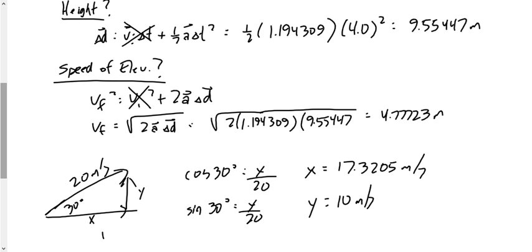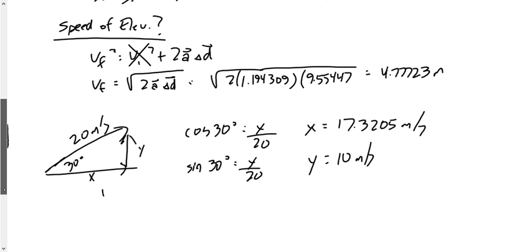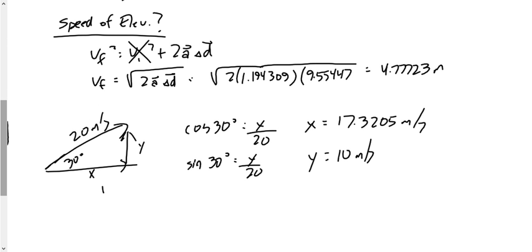But this is just the velocity due to me throwing it, right? This is not the velocity due to the elevator moving. So what I've got to do for the y component is add 4.77723 meters per second.